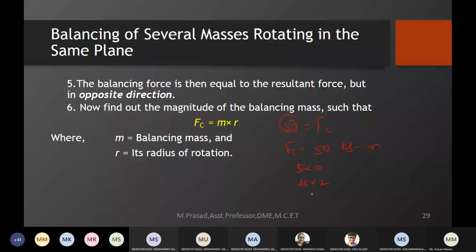For 50, only these two. I can take a 5 kg mass at a radius of 10 meter, or a 25 kg mass at a radius of 2 meter. Vice versa, I can go with a 10 kg mass at 5 meter radius, or a 2 kg mass at 25 meter radius. You got it? This is how I can separate mass and radius. Is it clear? Yes.